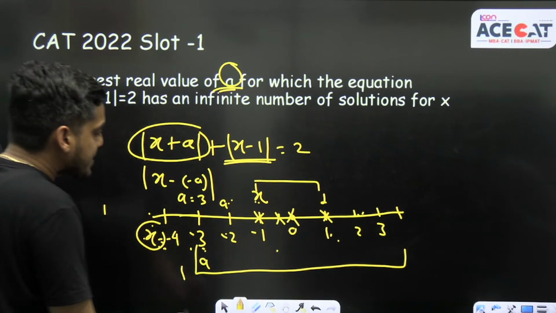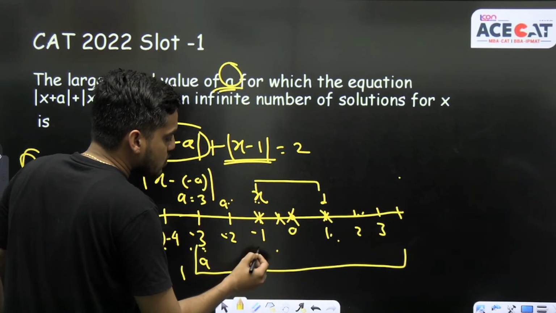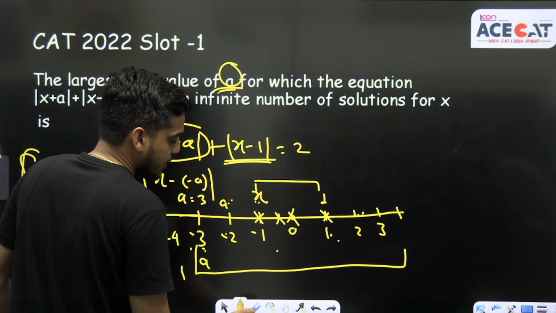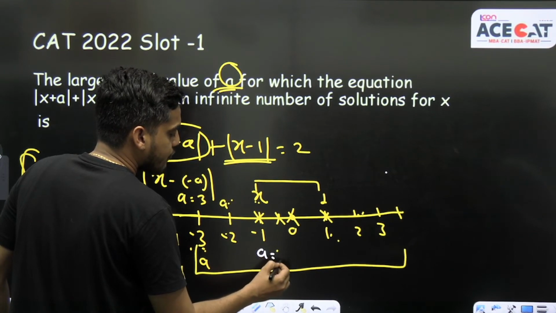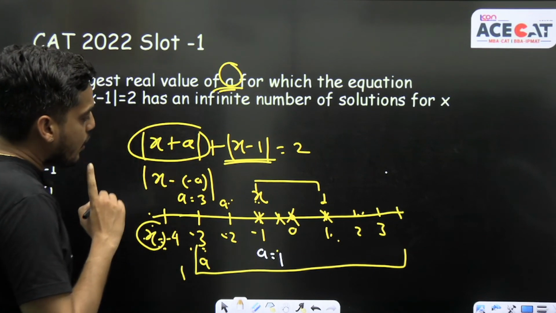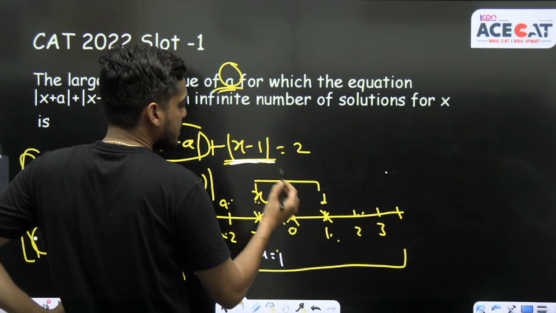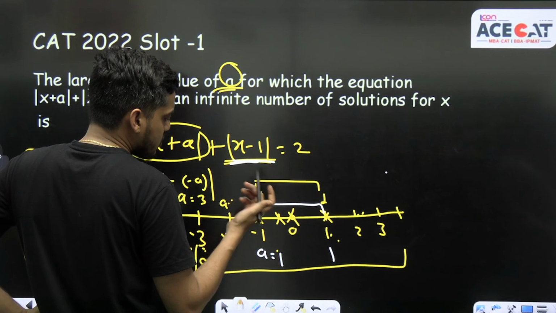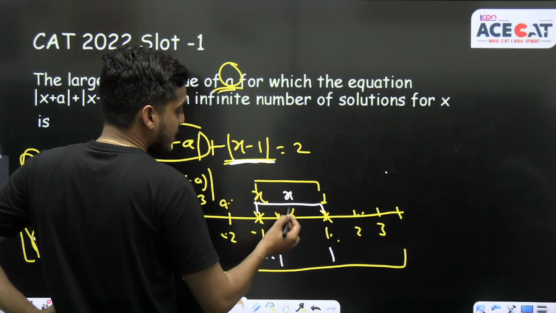Now if I take a as 1, a equal to 1. Students, do you agree with me? On putting a equal to 1, you can assume x somewhere between minus 1 and 1, you can assume x equal to 0.